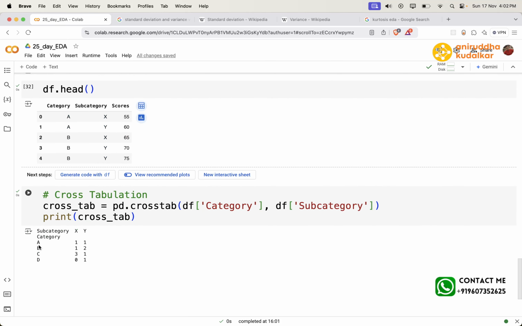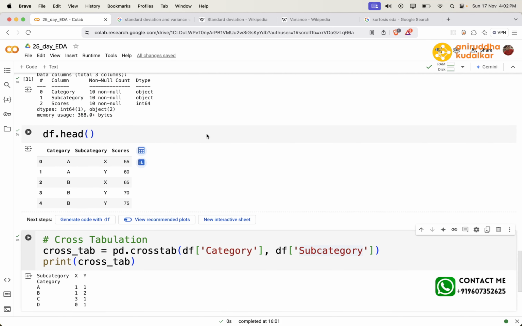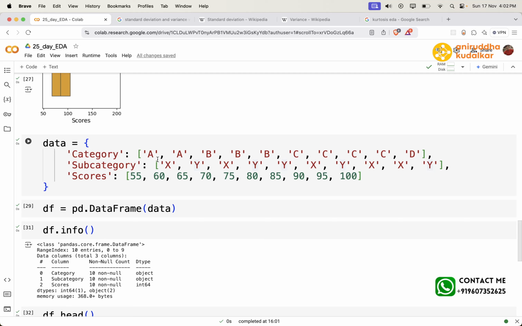And that's why here crosstab means what? Of the category and the subcategory, the subcategory becomes the columns, and the category becomes the rows, and here you will get the count. AX 1, AY 1, BX 1, BY 2. 2 times is there.